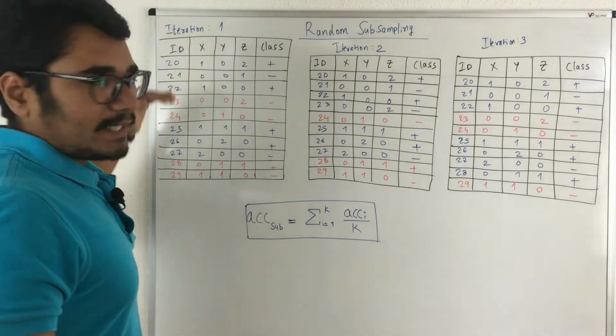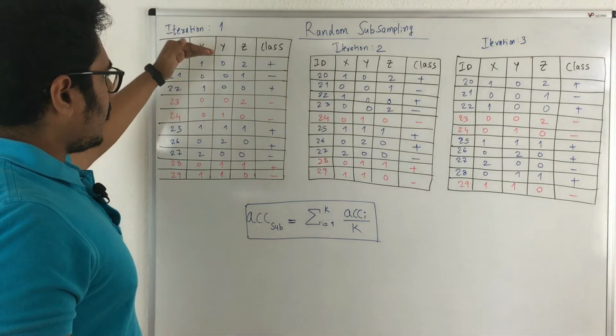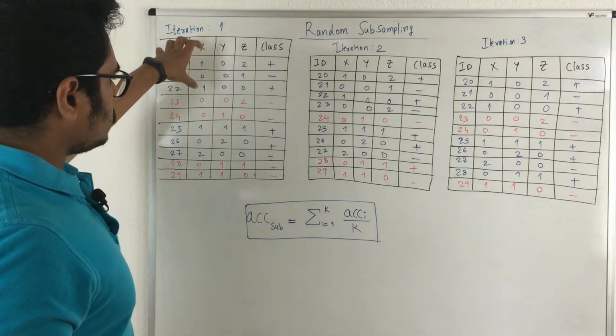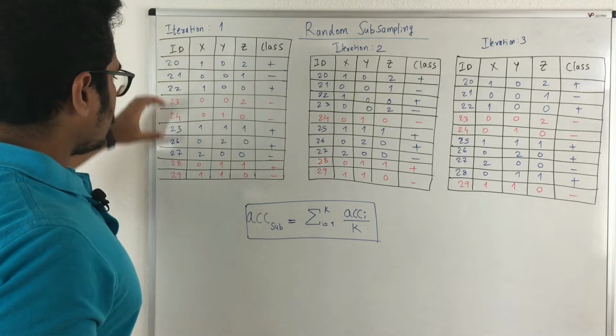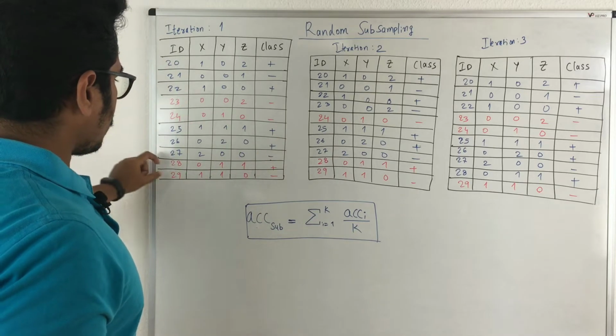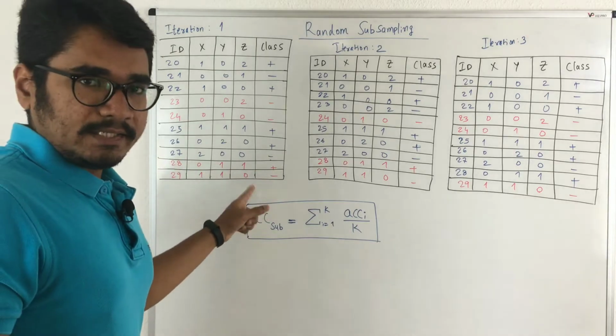Now this data set is divided into a number of training as well as test sets. Here you have this portion as training data, whereas these two records which you can see are the test data.